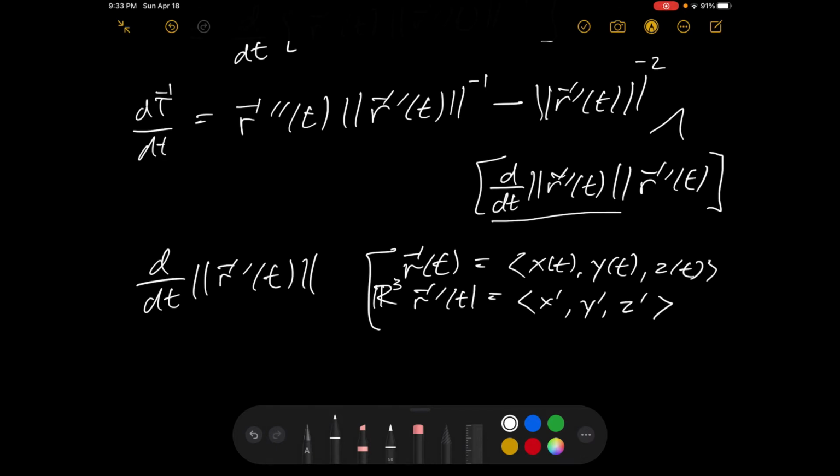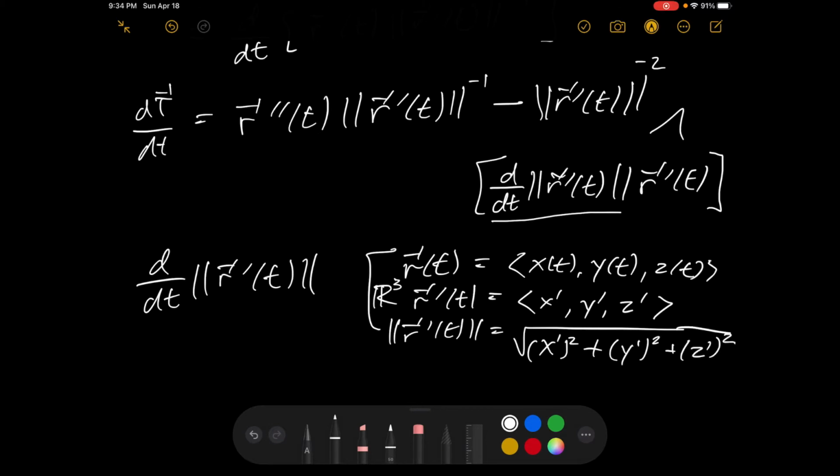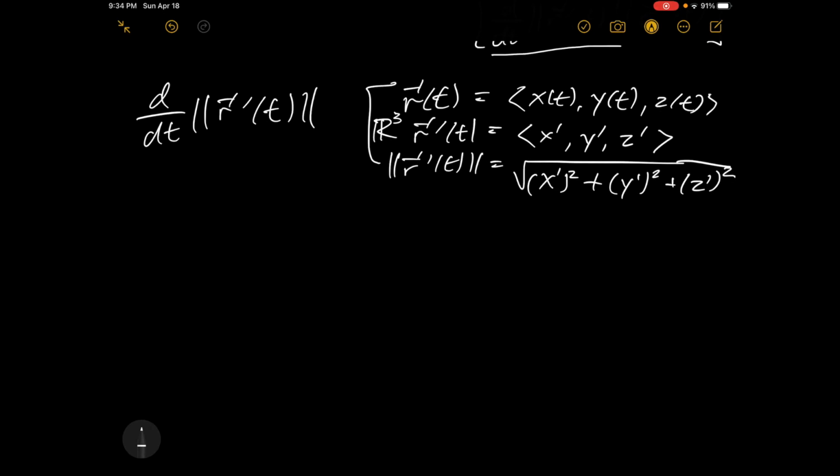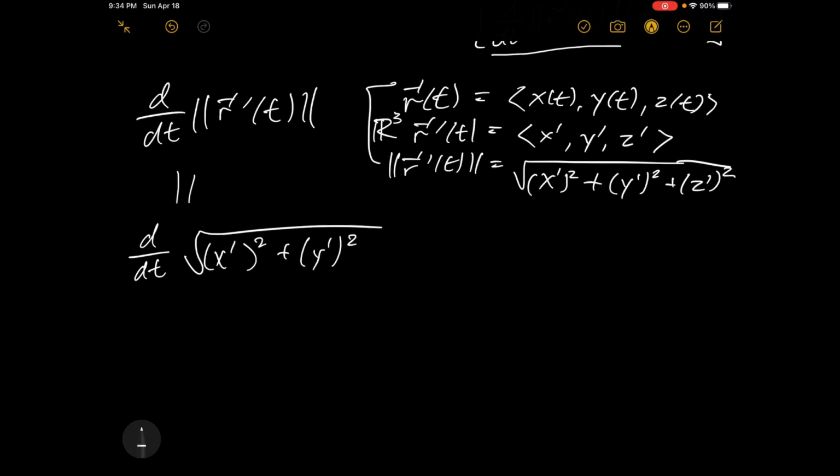From the definition of vectors, we know that the magnitude is simply the square root of x prime squared plus y prime squared plus z prime squared. And so now we will rewrite this as the derivative of the square root of x prime squared plus y prime squared plus z prime squared.